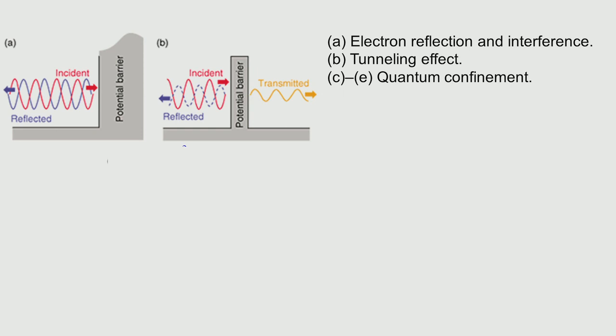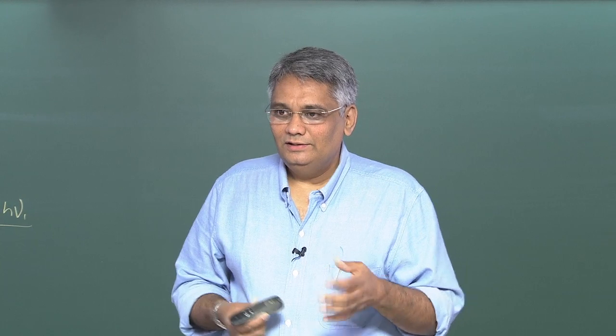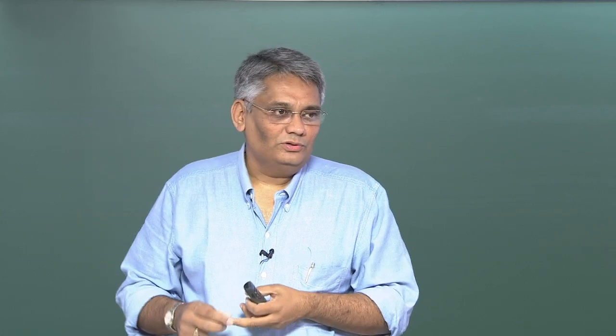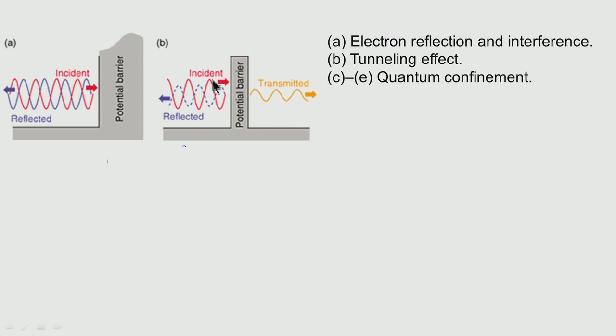So the so-called tunneling effect can be explained only by quantum physics, because classically when the electron comes to the edge of this barrier, it cannot make a progression to the other side of the barrier. But by quantum mechanics you can explain it by what is called the tunneling process. In due course of time, when we see some of the applications, I'll tell you the implications of the tunneling process.